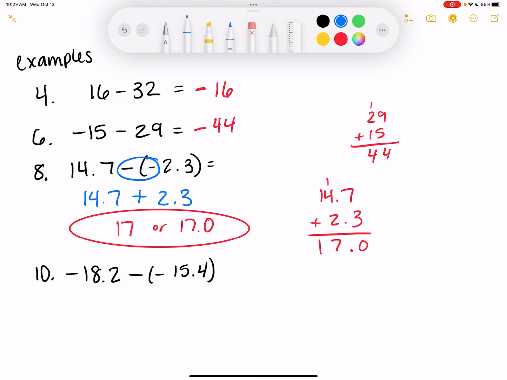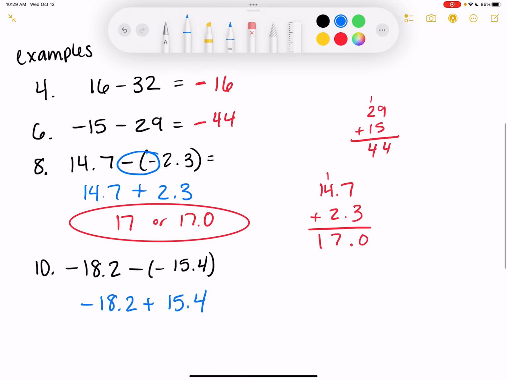So this one keeps its sign out here. So negative 18.2 plus 15.4. So what do I have to do with this? We are going to keep the sign of the 18. We're going to subtract the two numbers, not add.